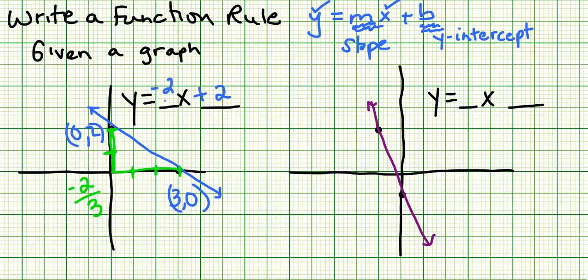Now I didn't leave quite enough space for that negative 2/3. You have to be careful when you're writing a fraction in front of x. You don't want it to look like the x is in the denominator. Okay, that means something different. What you want it to look like is that either x is on the top, which is fine, but sometimes it's harder for us to determine our slope that way, or x is right even with the fraction bar, kind of right dead center.